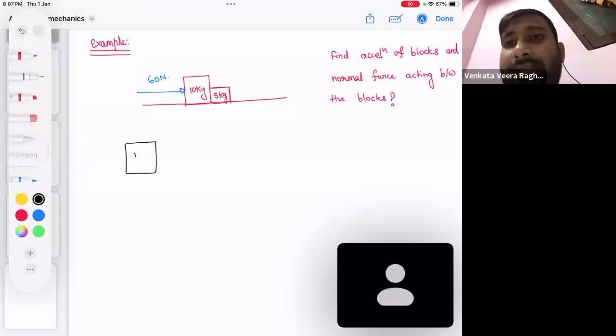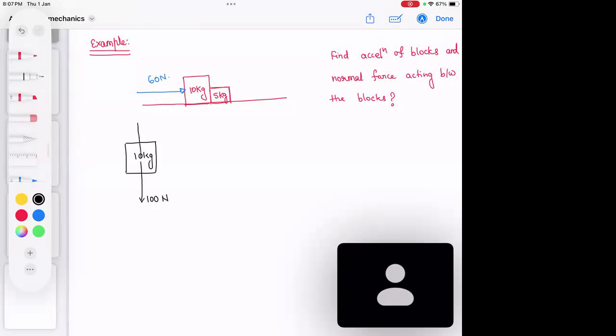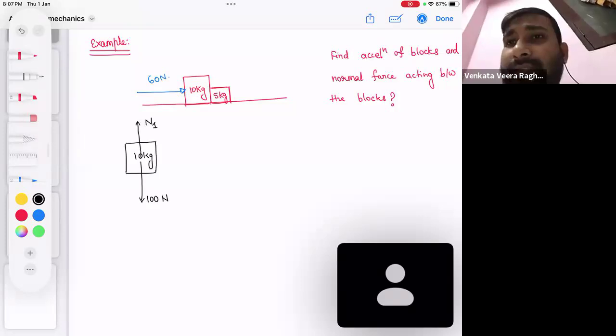For the 10 kg block, if you draw the free body diagram, what forces will be acting? 100 Newton mg will be acting, isn't it? 60 Newton. Next, there will be one normal acting, let's call it N1, because of the ground, and there will be one force acting here, that is the 60 Newton, and there will be one more force, isn't it?